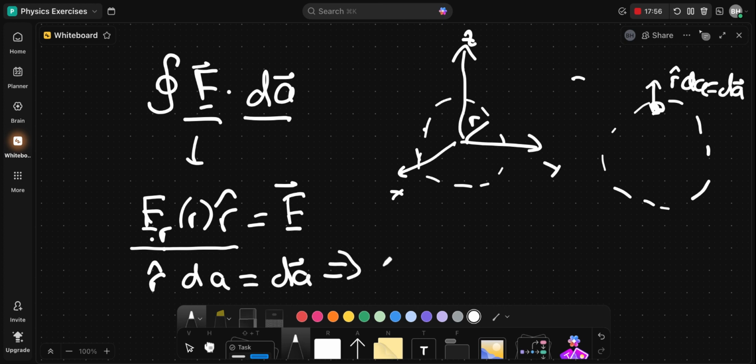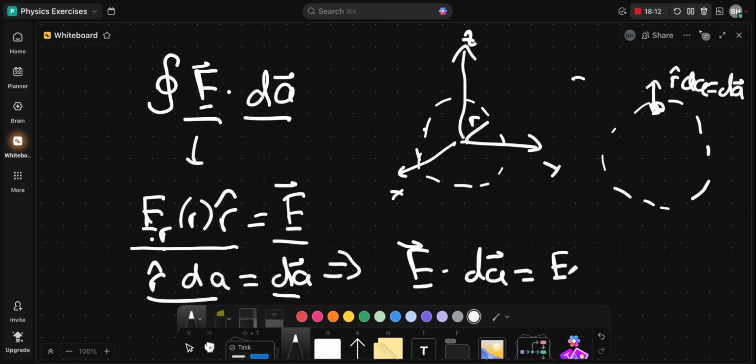Okay, and if we take a scalar product of these two, like this, what we actually get is E_r dA, and these are scalars, just magnitudes, and we have a scalar product of r-hat dot r-hat, which is a unit vector in the radial direction. They are both unit vectors in the radial direction, and they're parallel, so this should be 1.